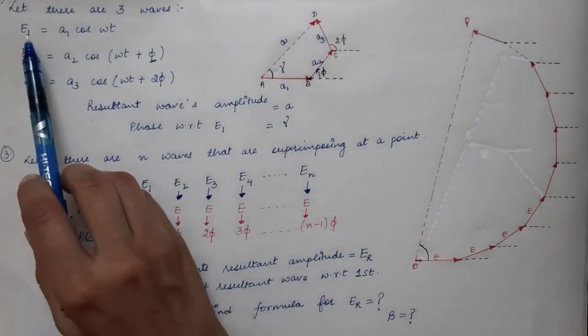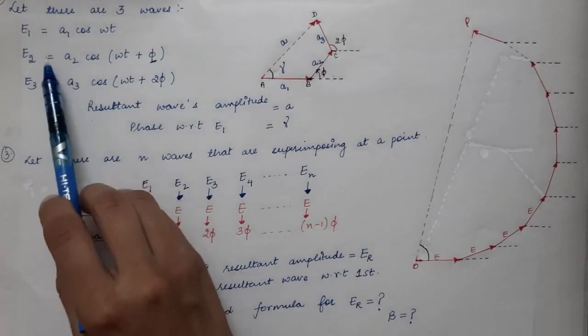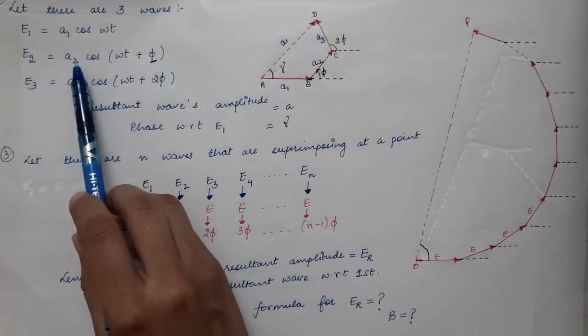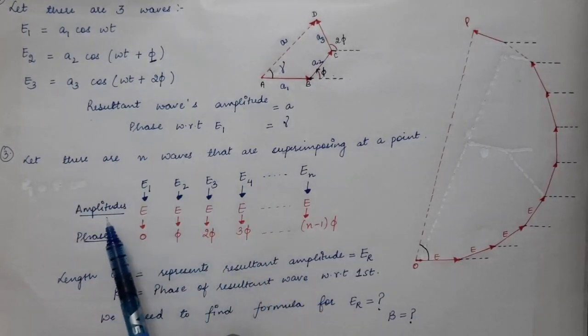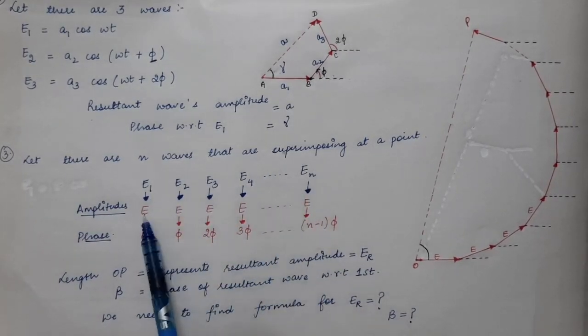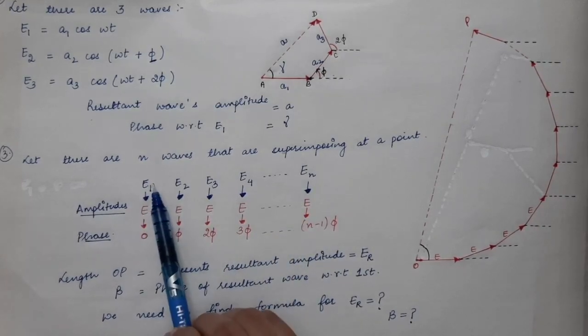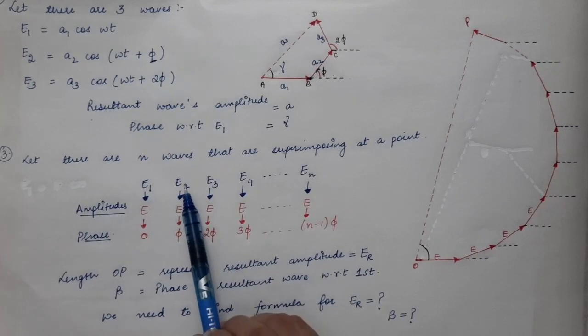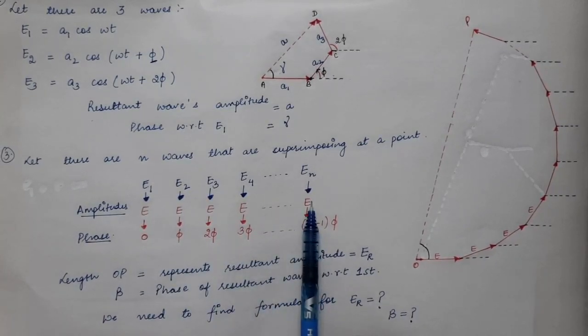Now, as we have considered in the previous case, we had E1, E2, E3, and each wave has an amplitude of A1, A2, A3, and so on. But in this case, we will consider all the waves have the same amplitude. So the amplitude will be capital E for the first wave and capital E for the second wave, and so on. The amplitude will be the same.